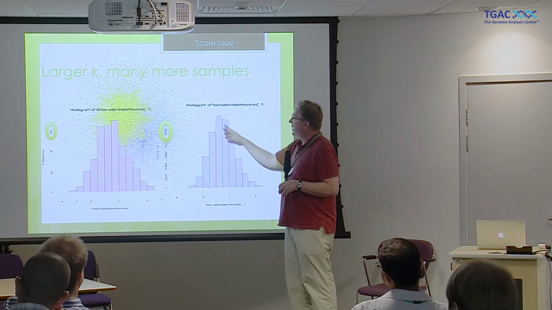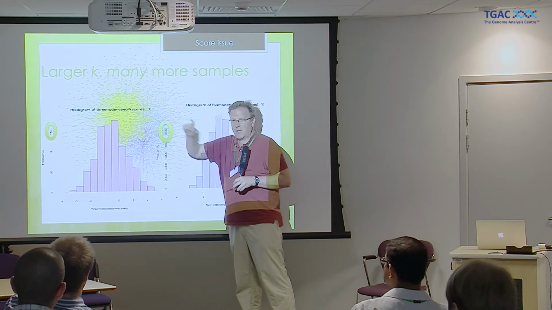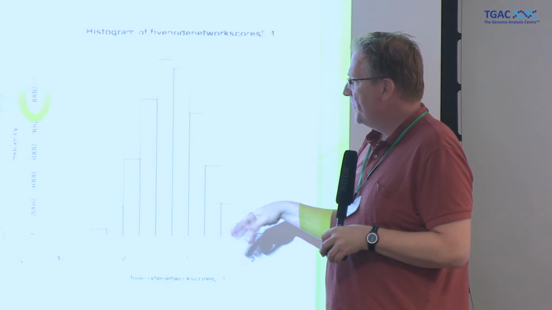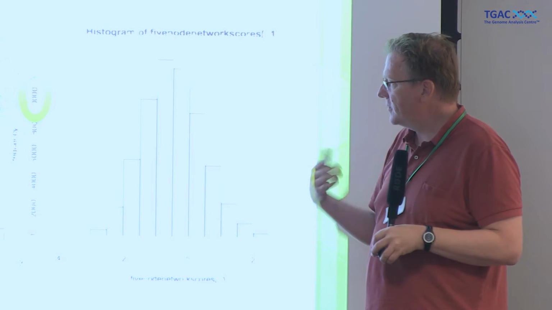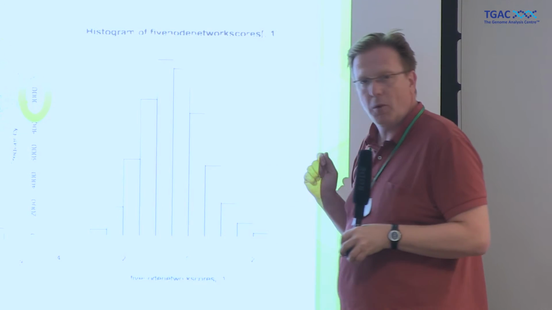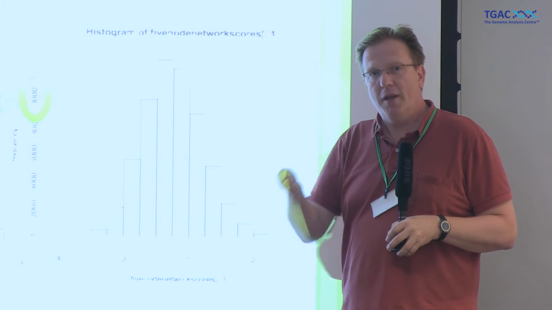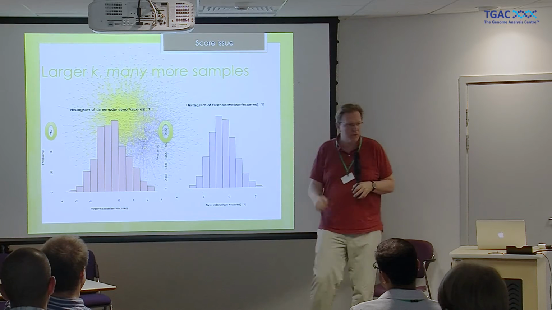In the other case, let's say this is for 3-node subnetworks, ABC, and this is for 5-node subnetworks in our simulation, the number of samples that we'll be looking at is a lot larger, and we want the maximum. So if you sample from a normal distribution and you sample much more often, you're bound to get a greater maximum the more often you sample.